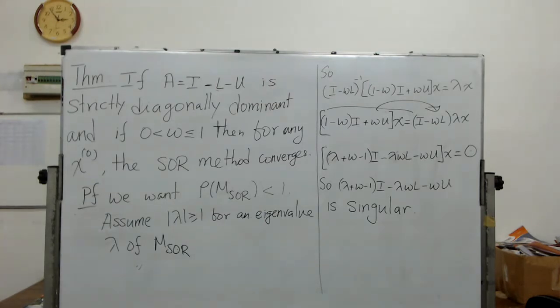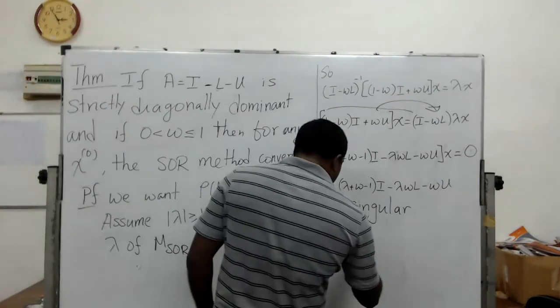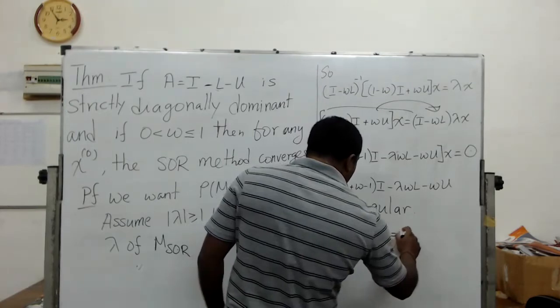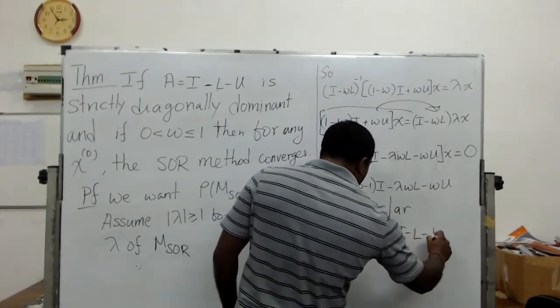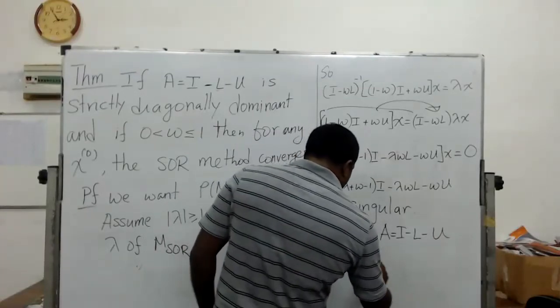So now what we are going to do is we are going to use the fact that A is strictly diagonally dominant, right?